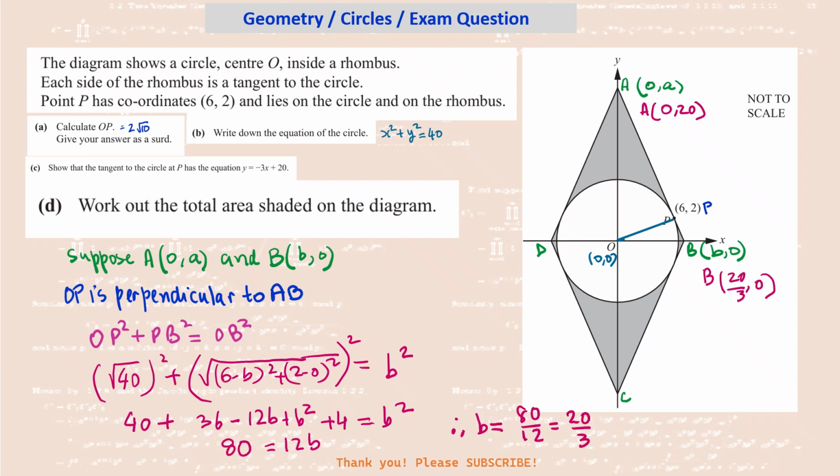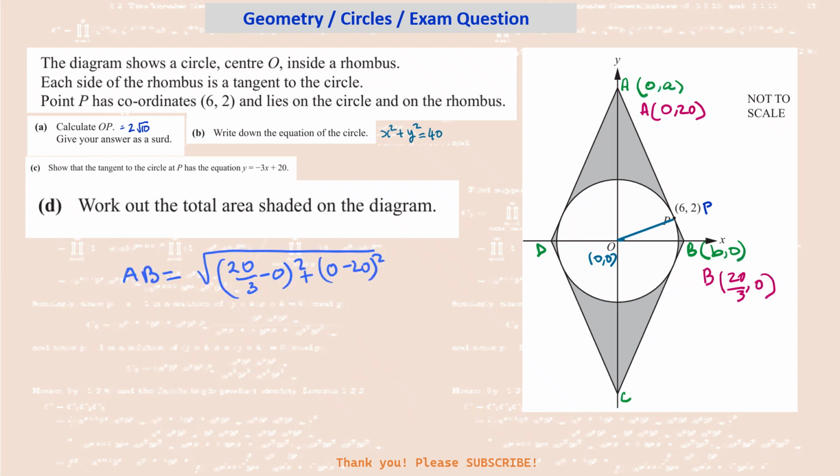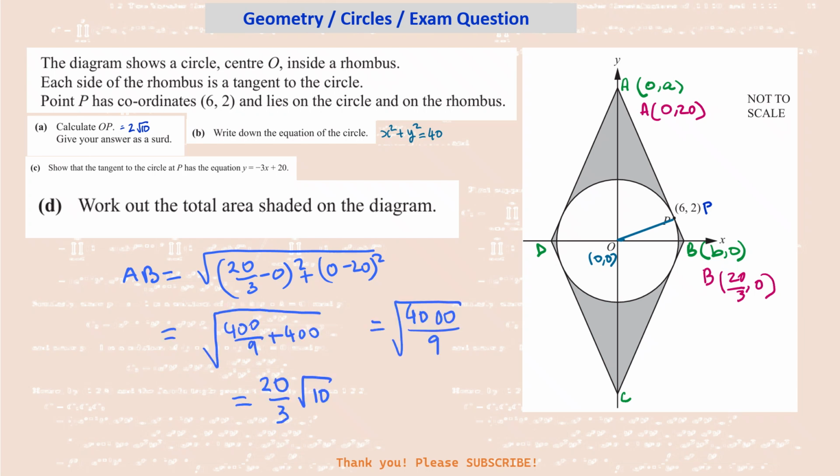And you see b is 80 over 12, or 20 over 3. So the coordinates of B are known, the coordinates of A are known. I can find what AB is, using the distance formula, and you would get AB is 20 over 3 times root 10.